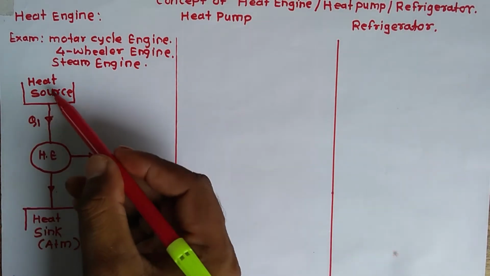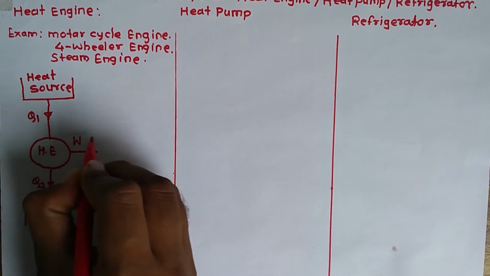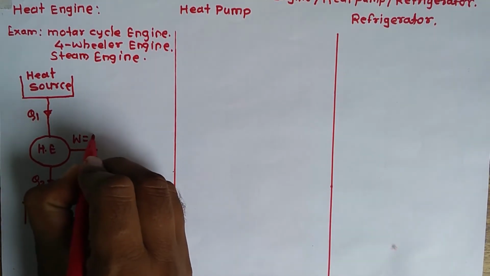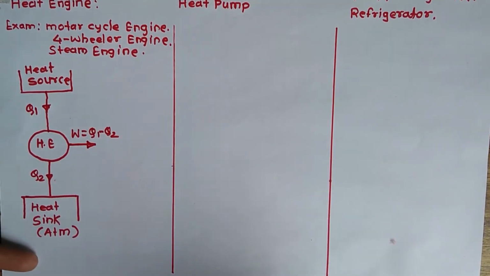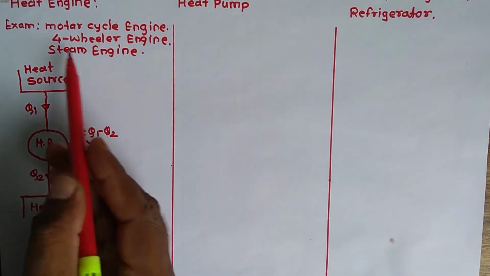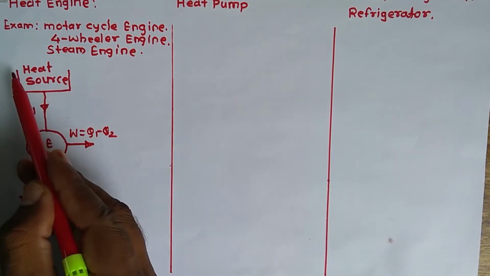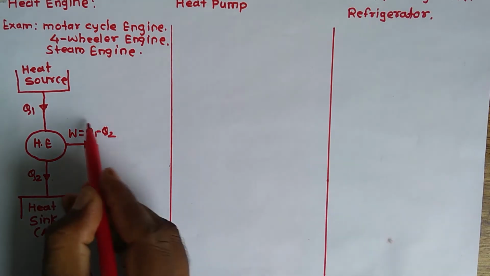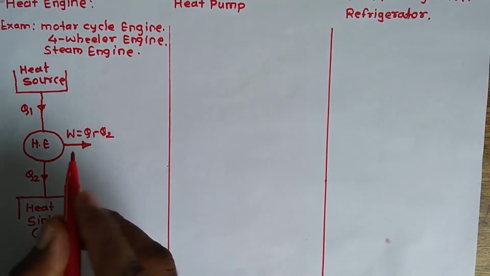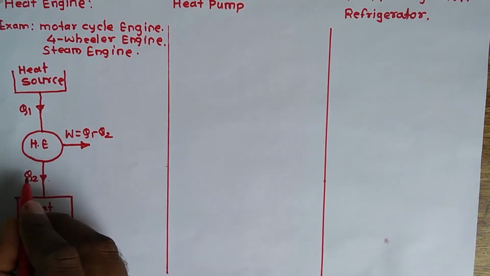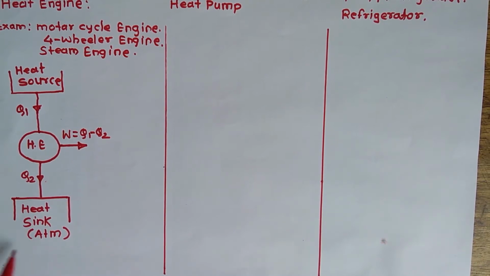While transferring heat from the hot body to the cold one, work will be done, and that work will be W. This is Q1 minus Q2, because some heat will be rejected to the atmosphere. In a two-stroke engine, heat is generated in the combustion chamber and work is done by the shaft. So that W is the work done. Some heat is rejected to the atmosphere in the form of flue gases.